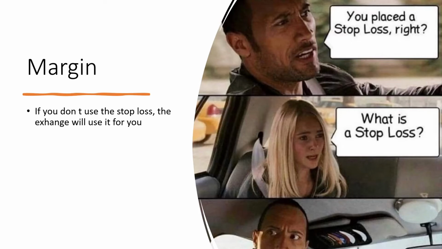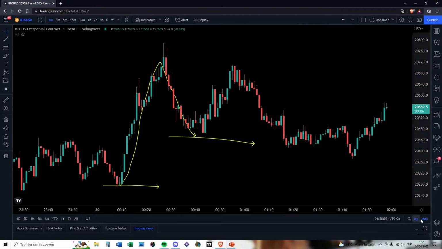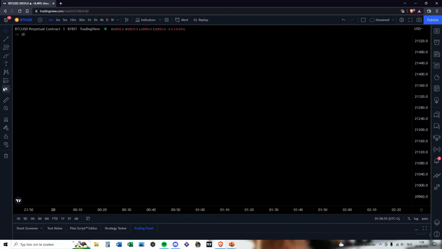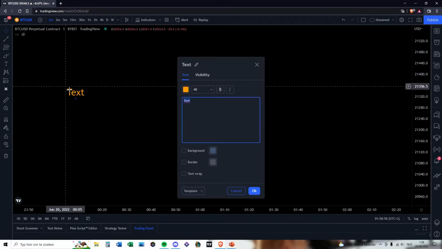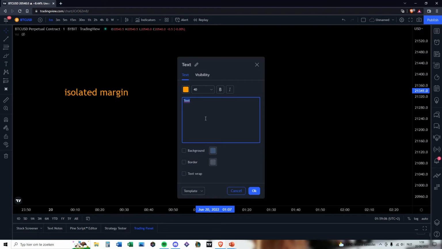So exchanges do have cross margin and isolated margin. Maybe I could explain a little bit. You have isolated and you have cross margin.